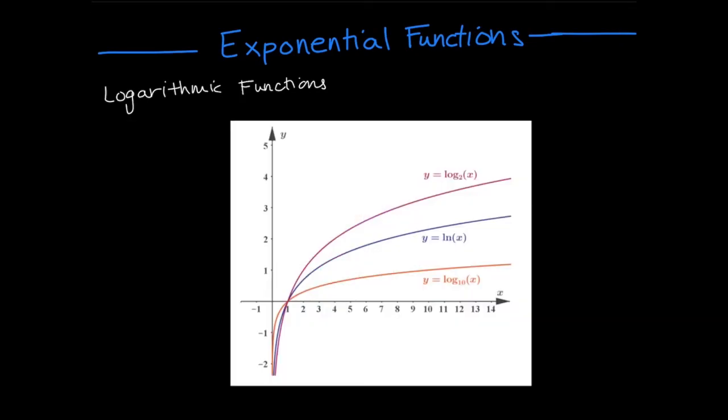Now let's have a look at this graph. We can basically see the different types of logarithmic functions. And what we can notice is that all functions, so the pink, blue, and orange one, go through the point (1, 0).